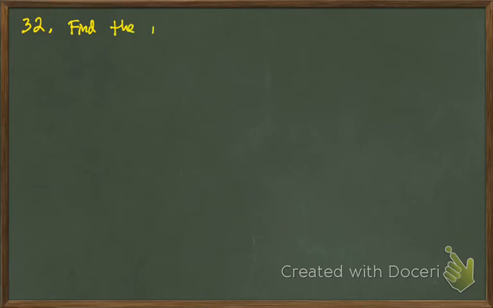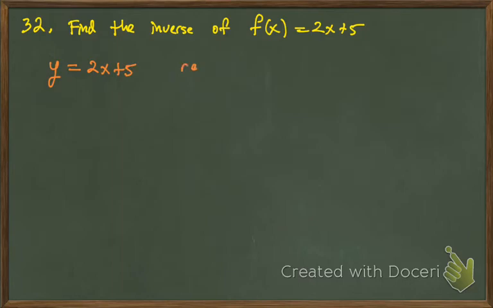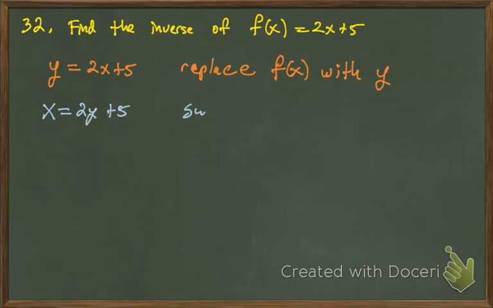Find the inverse of f of x equals 2x plus 5. Okay, so replace the f of x with y. And then we'll switch x and y. And then we'll solve for y.